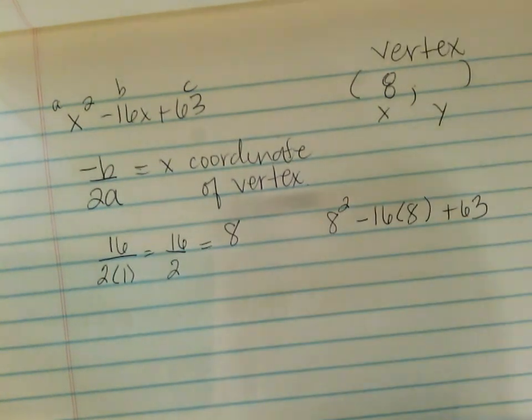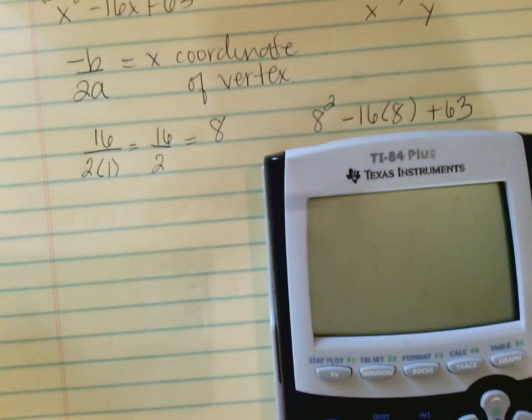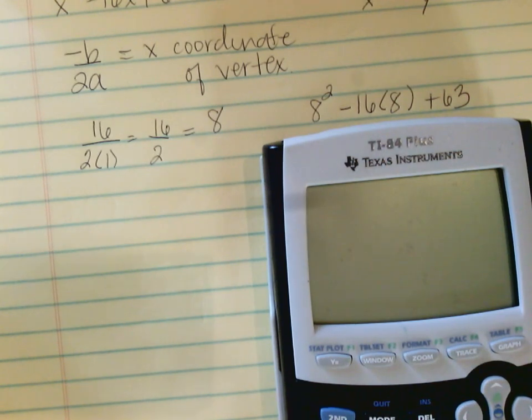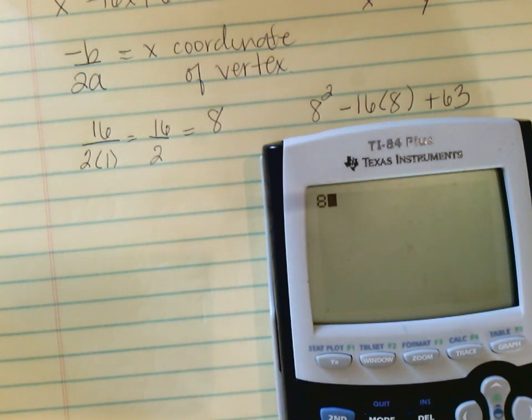Okay, and then to save yourself time, just type that exactly how it is in your calculator. So I would need 8 squared minus 16, open parentheses, 8. Again, I am typing this exactly like it looks here. Plus 63.